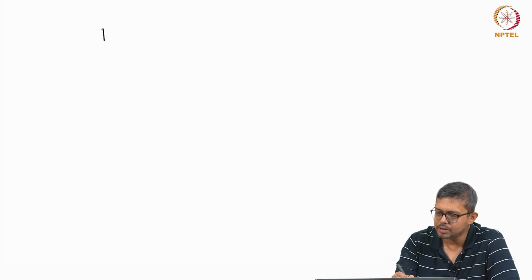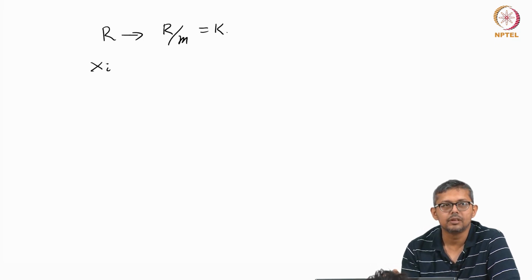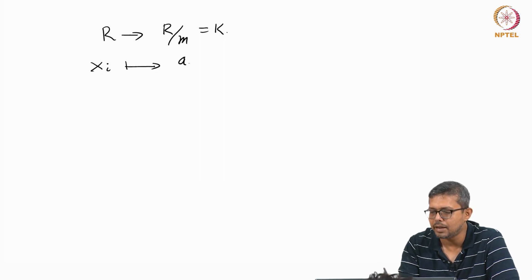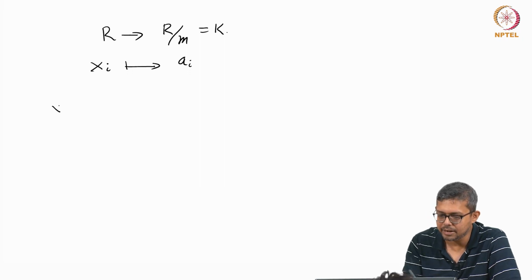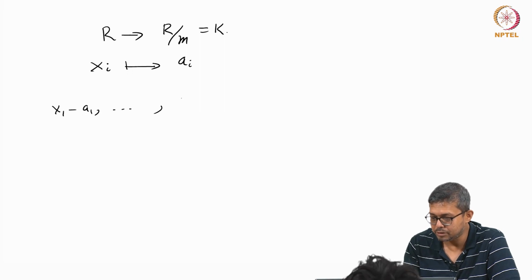You have R to R mod M, which is K. Now, you have these elements xi's. The xi's will go to some element ai, right.